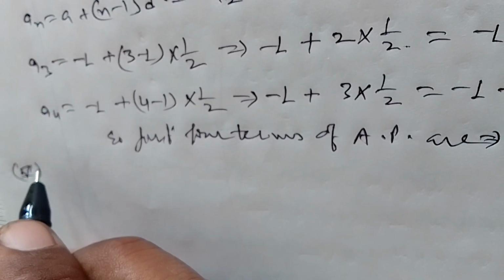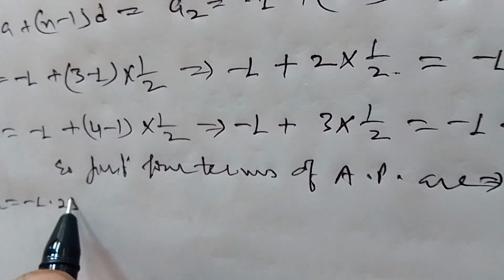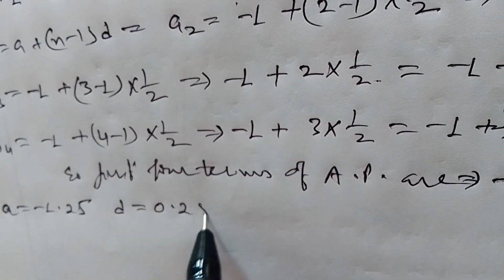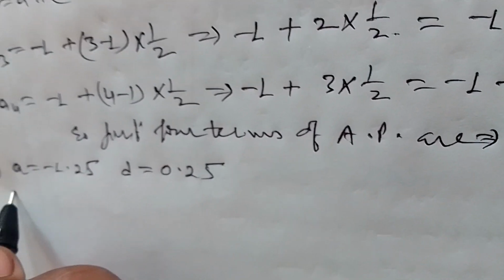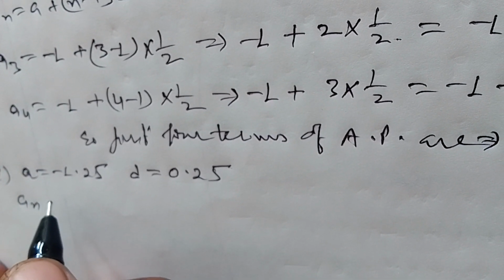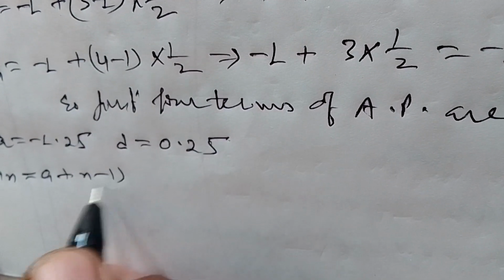Now the last part of the second question, that is, a is minus 1.25 and d, the common difference, is 0.25. So the formula for calculating the terms of arithmetic progression AP is an equals a plus n minus 1 multiplied by d.